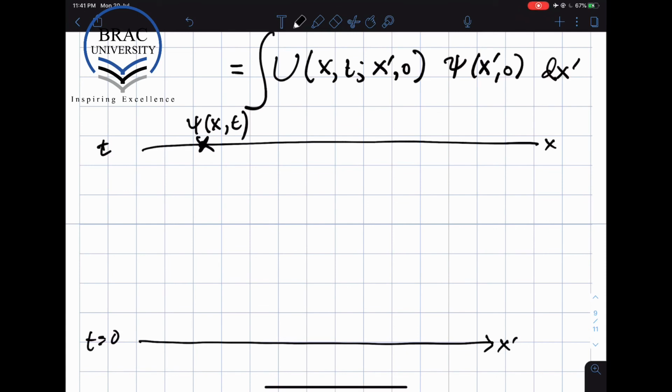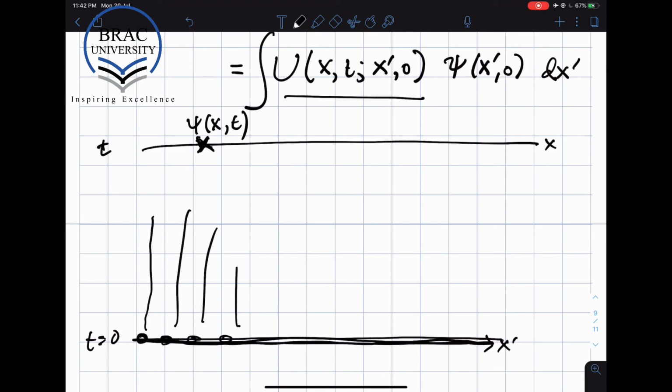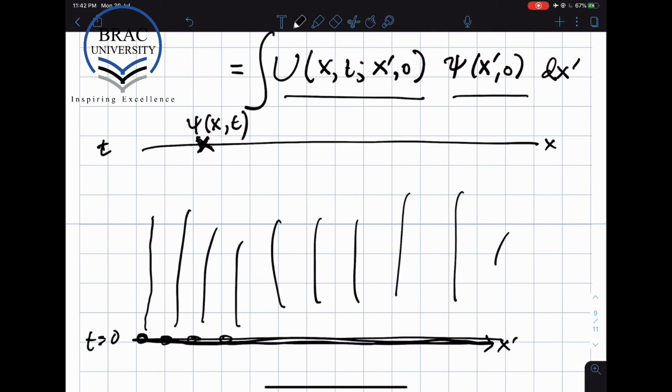To predict what the value of this wave function is here, we need to know the wave function over all of space at a previous time, and each part is propagated forward in time by this function, and that whole thing is integrated over with the weight of this thing. Okay, so this is the interpretation of the propagator.